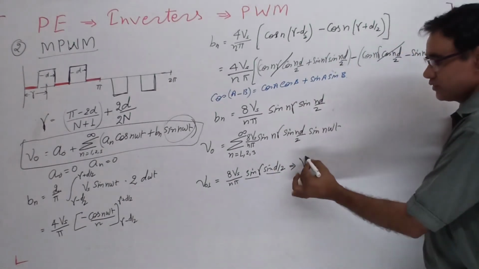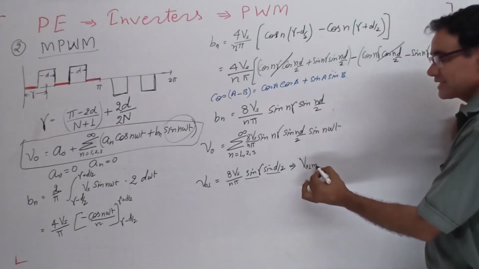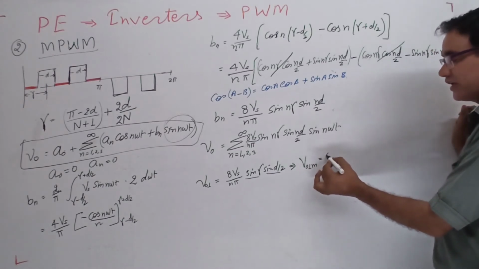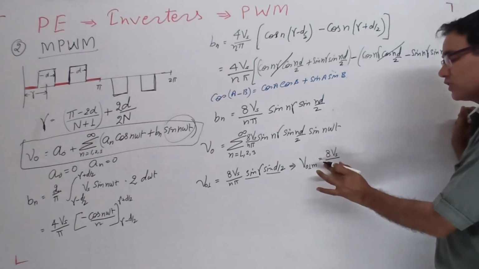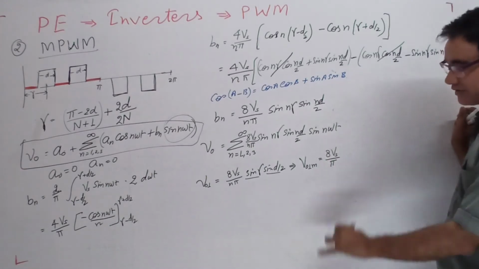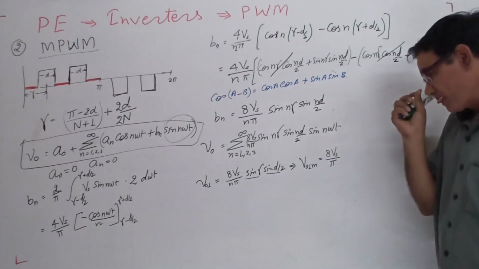So the maximum is 8 Vs upon pi, as n is 1.